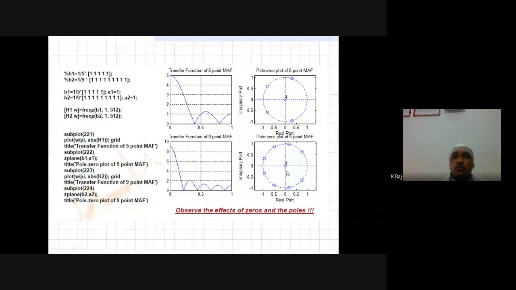Now, what are the differences? As we increase the points from 5 to 9, the side lobe attenuation decreases, and our objective is to decrease the side lobe attenuation as much as possible.